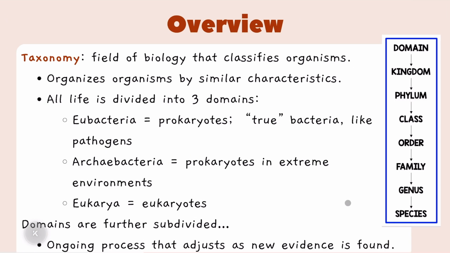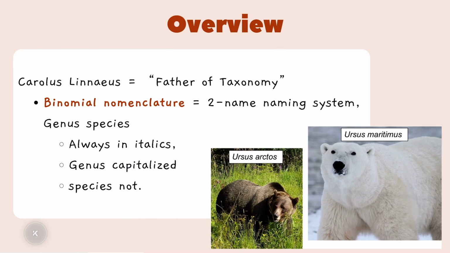Remember back to here, the genus and the species are the 2 most specific levels of taxonomy. With my scientific name, it's always going to be in italics, so that's the slanty font. The genus is going to be capitalized and the species name is not going to be capitalized.